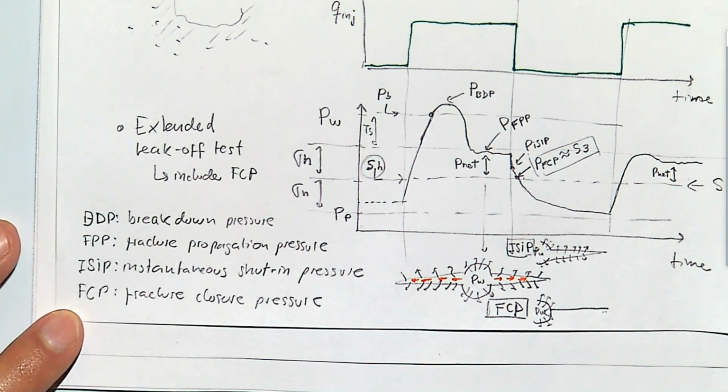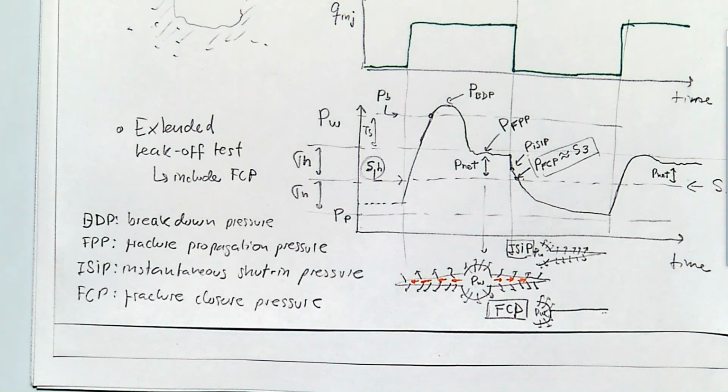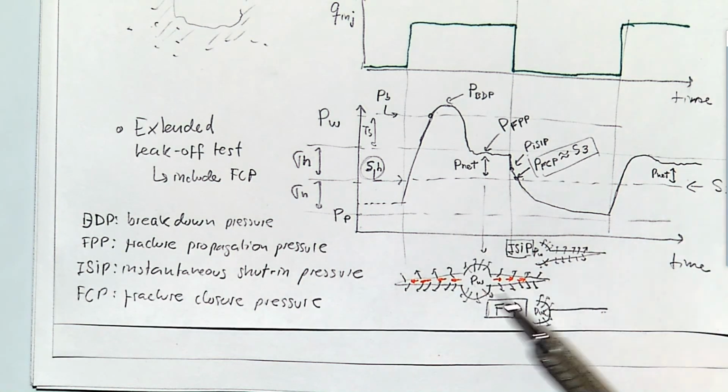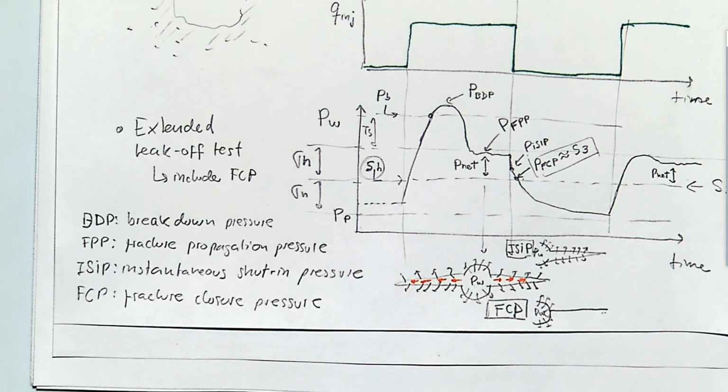Some of these names change according to each operator or service company, so they might not be exactly the same, but the mechanics of how it works is the same.